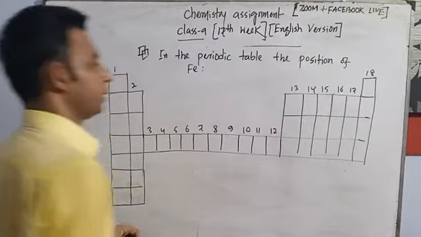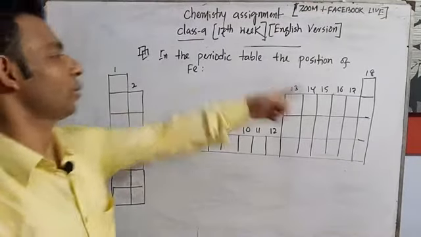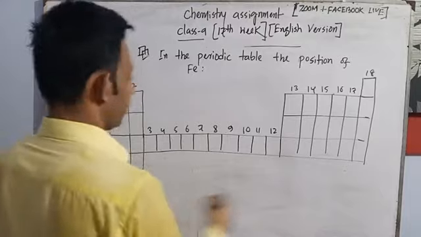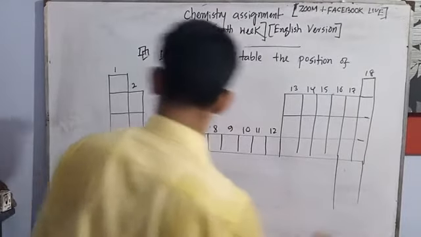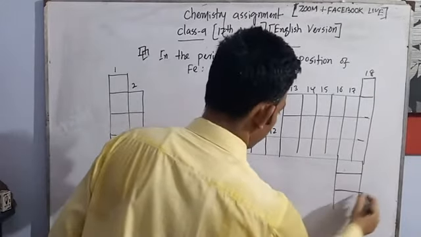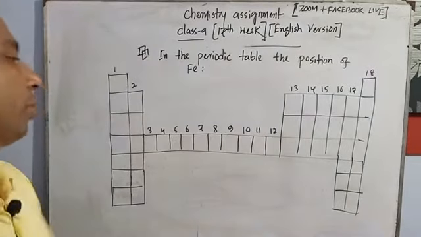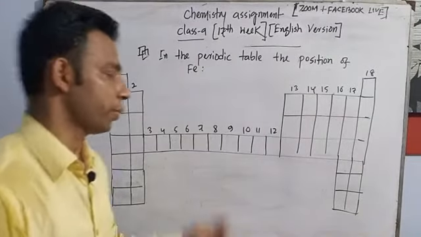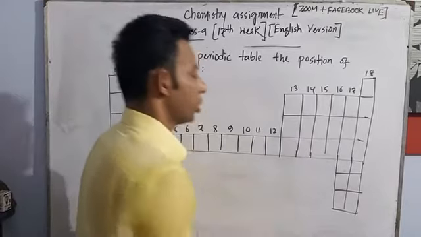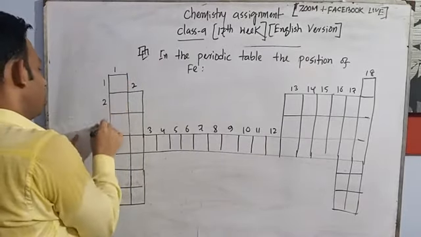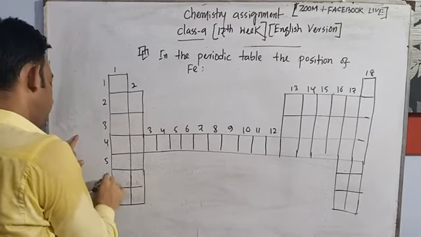Yes, this is the total group number. You can use the lower part like that: 1 2. Just so you can show it this way, no matter that we don't draw this one in the position. And periods 1 2 3 4 5 6 and 7.